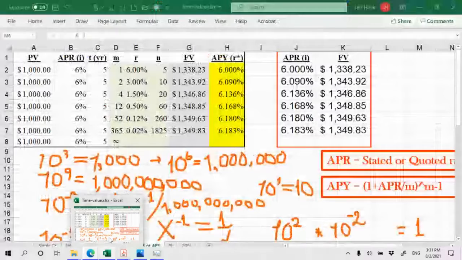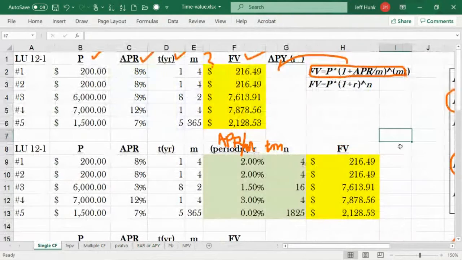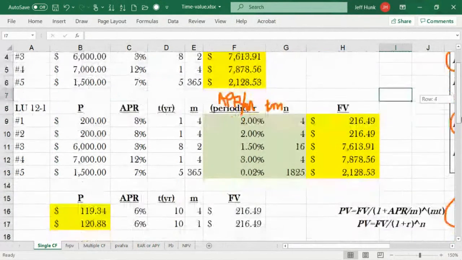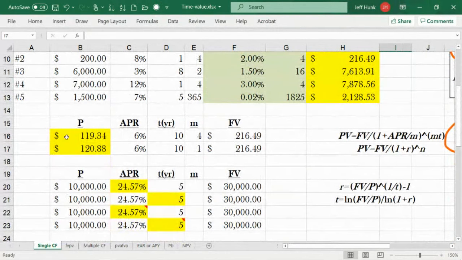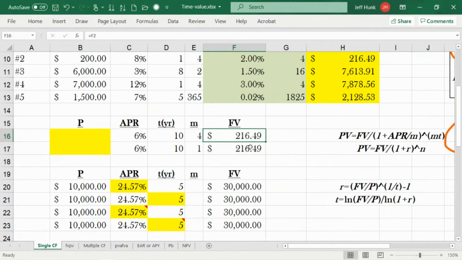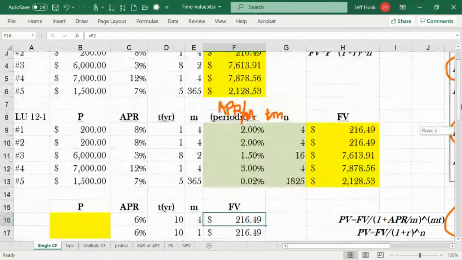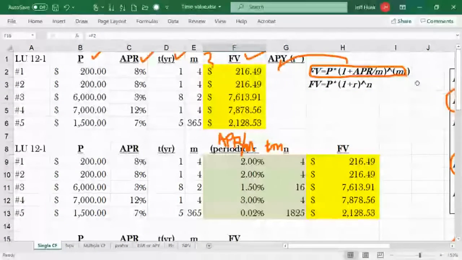But before I move on, let's take a look at the rest of the problems. So here, next thing is, I don't know why future value is 216, F2. Where is F2? What is F2? Okay, I see. Now think about it.